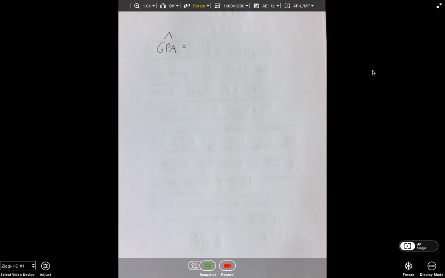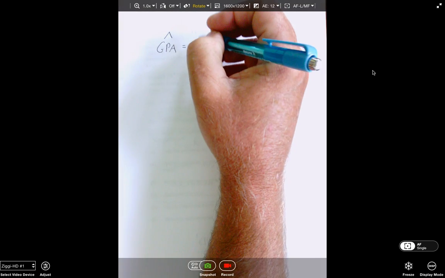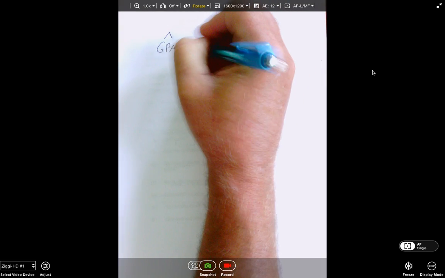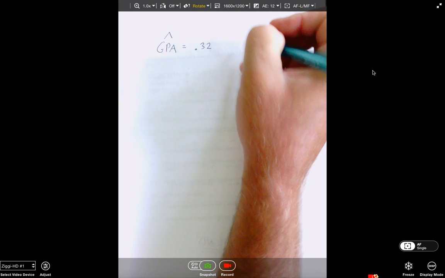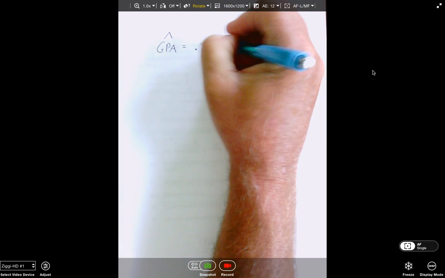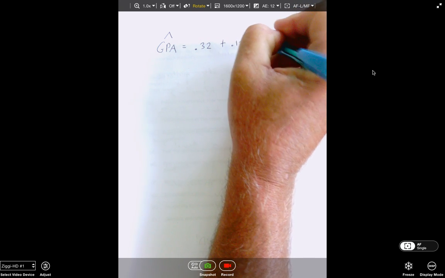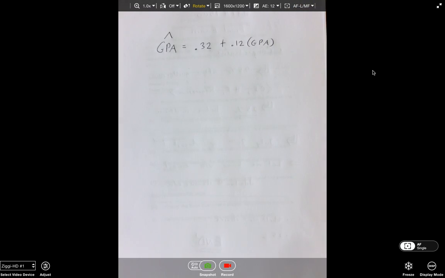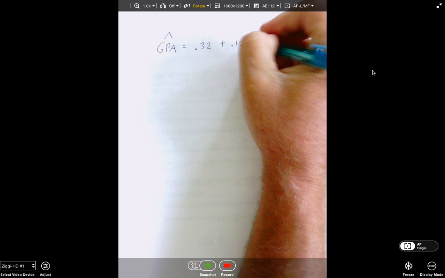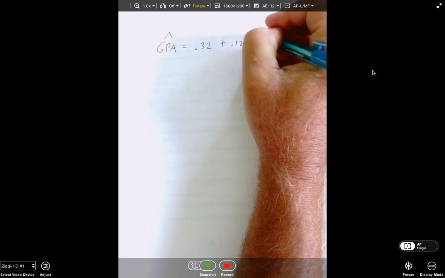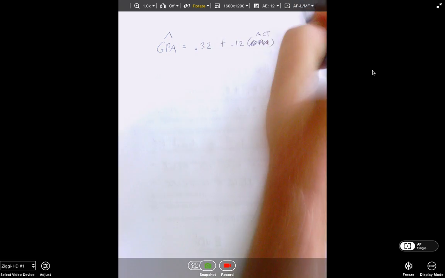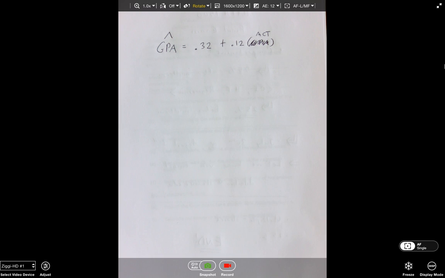All right, let's say that we can predict someone's GPA by taking 0.32 plus 0.12 times their ACT. So what I've done is I've created a model that we can put your ACT in and predict your GPA.